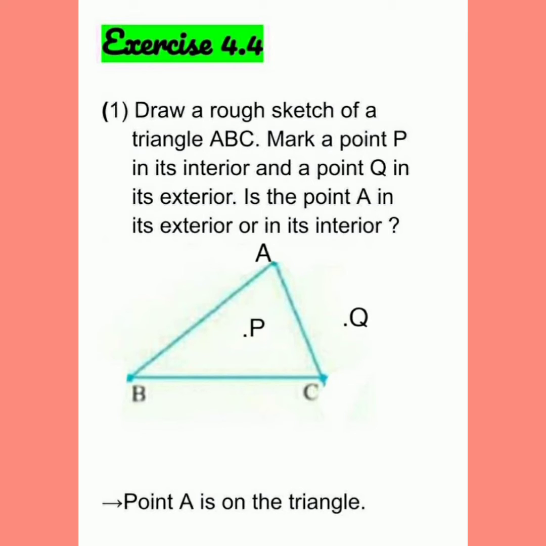As I have shown, you can mark a point P in the interior and a point Q in its exterior. So outside the triangle you have to mark a point Q. Now he is asking you, is the point A in its interior or in its exterior? Now, as I told you, point A lies on the triangle.